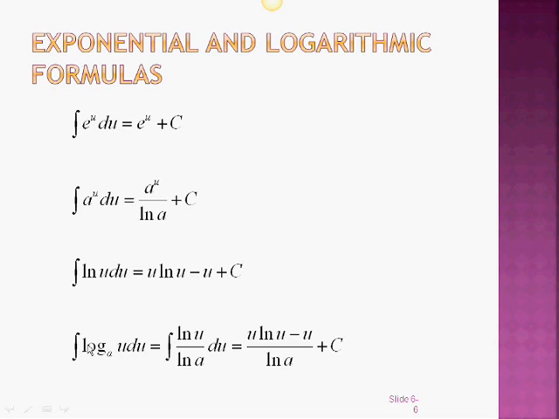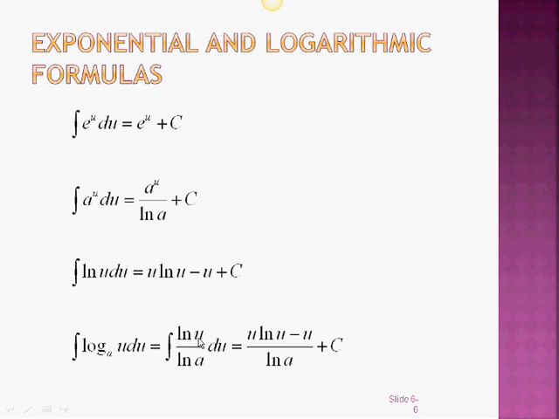And then the antiderivative of the log function: if I gave you log base a of u, we could rewrite that as the natural log of u over the natural log of a, right? This is our change of base formula that allows us to type it into our calculator.